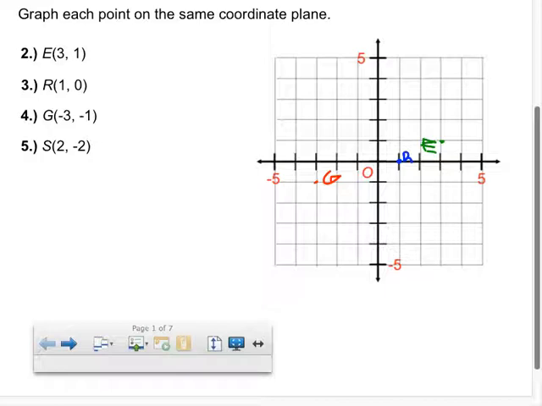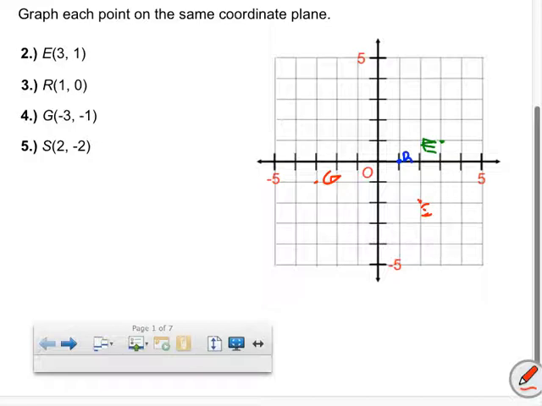Okay? Could I get a volunteer for number 5? Somebody I haven't called on. Jose, thank you for representing the gentleman today. Point S. Okay, make a nice solid dot.